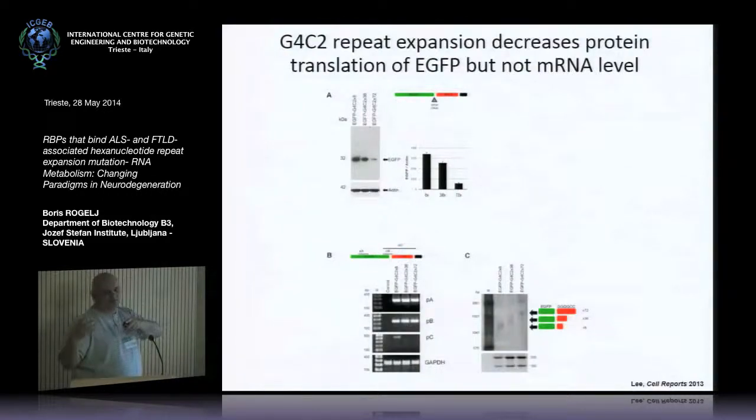We had cells expressing EGFP, but they had less foci, or cells that had foci, so they were in the nucleus, which meant that the RNA wasn't getting into the cytoplasm to have EGFP be translated. And this was translation dependent because PCRs of the messenger RNA showed no change in the amount of message depending on the length of the repeat.